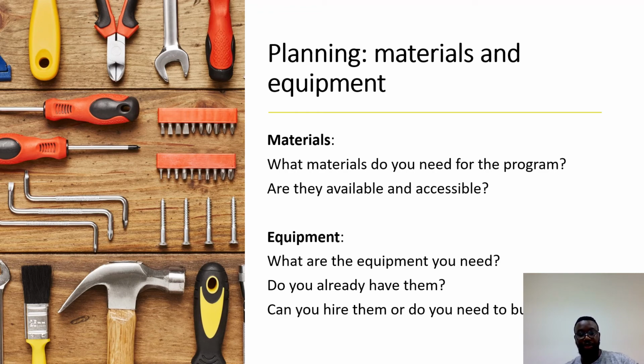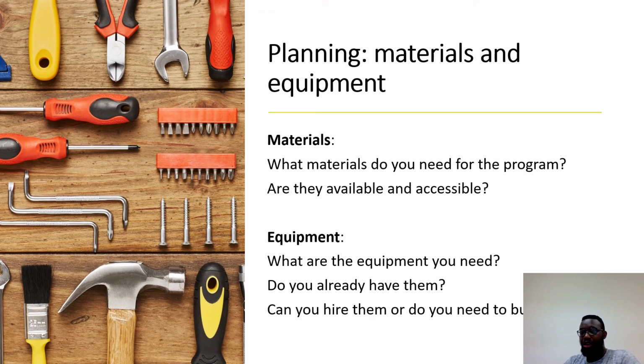The materials you need to tackle a particular disease or a particular priority might be different. For example, if your priority is an intervention, the materials you need for an intervention will be different from the materials you will need if your priority is educational.